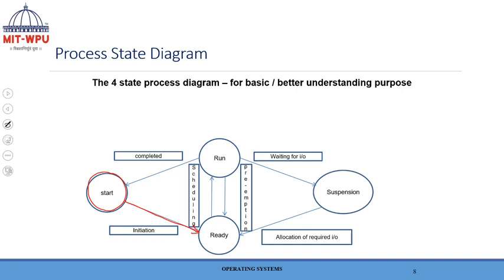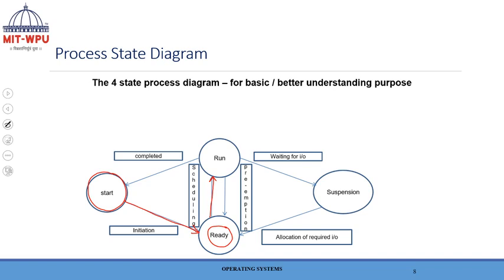All the processes which are there in ready state are in main memory and waiting for processor time for the execution. As soon as the processor scheduler assigns the processor time to the process which is there in ready state, that process moves from ready state to running state.